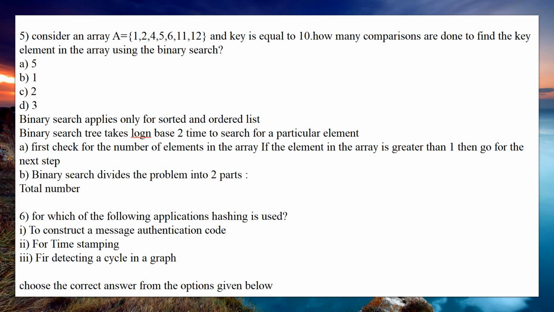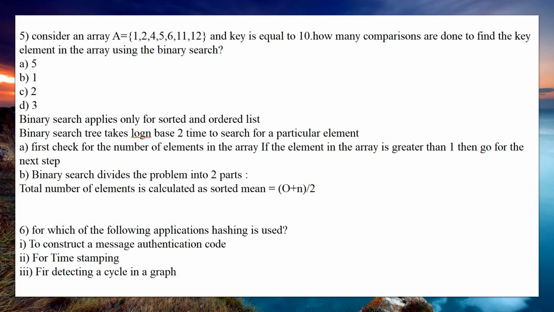So first we need to find the total number of elements. The mean is calculated as low plus high divided by 2. The mean means all the elements divided by 2.